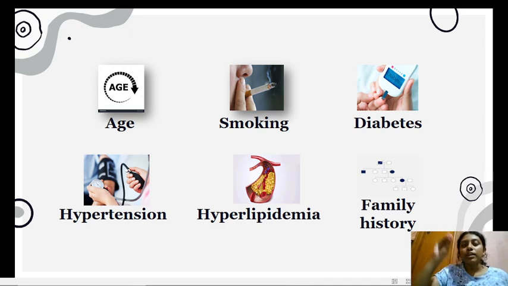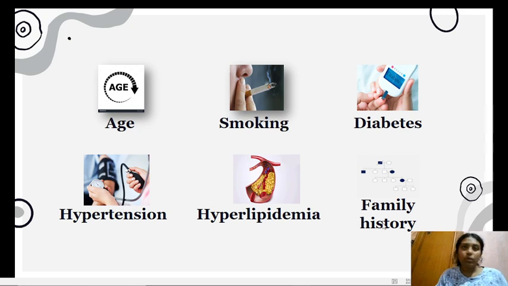This nicotine gets accumulated in the blood vessels and can cause peripheral arterial disease. Diabetes can also lead to peripheral arterial disease. Hypertension and then hyperlipidemia, a main cause of peripheral arterial disease, because a high level of cholesterol can lead to plaque formation inside the blood vessels and can lead to peripheral arterial diseases.